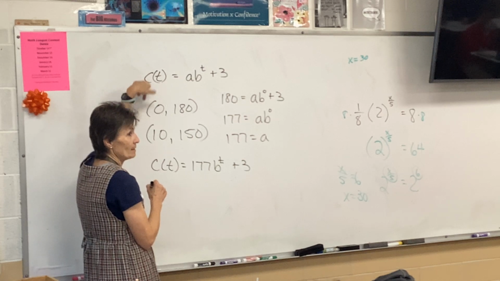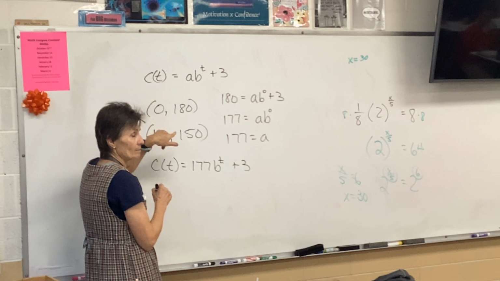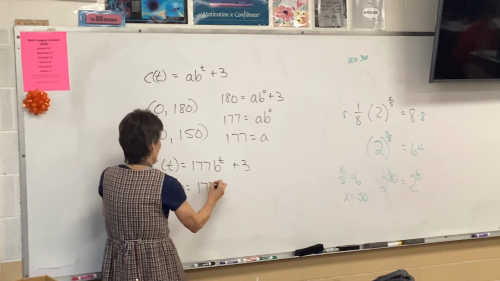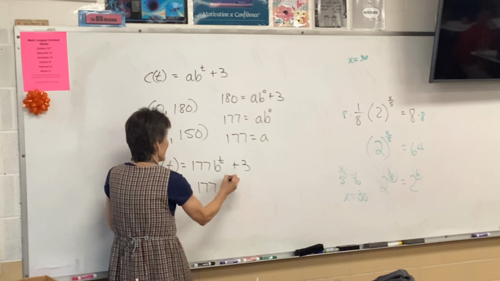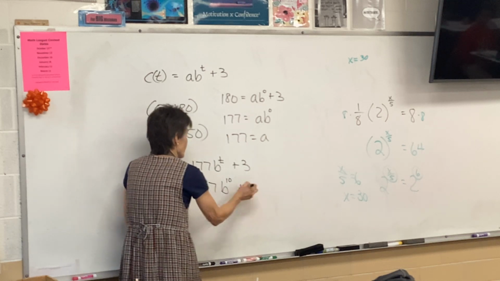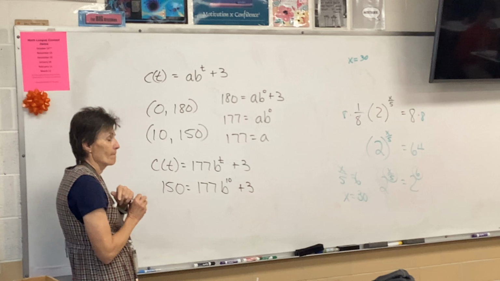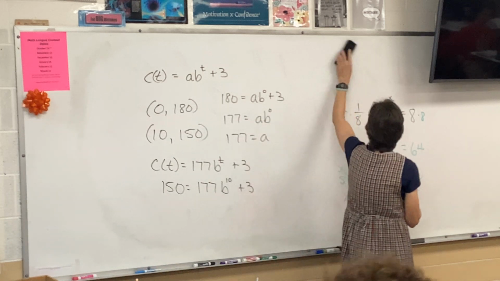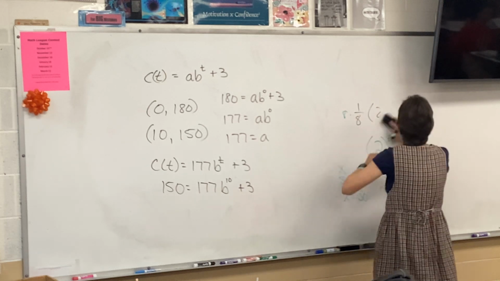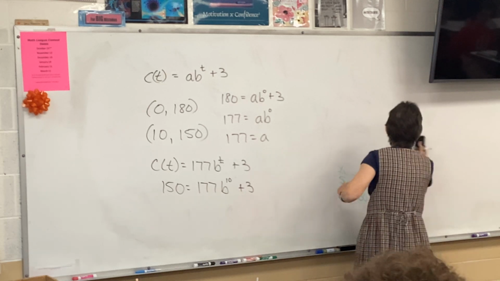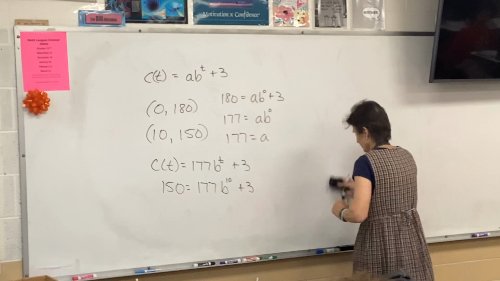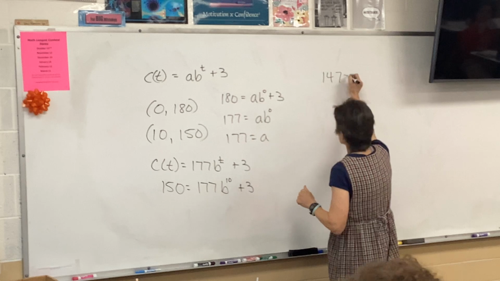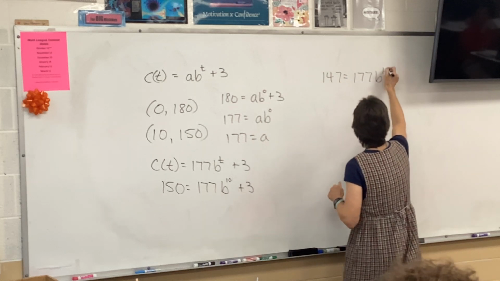Plug in my other point. So 150 equals 177 b to the 10th plus 3. So what does that leave me with? 147 equals 177 b to the 10th.